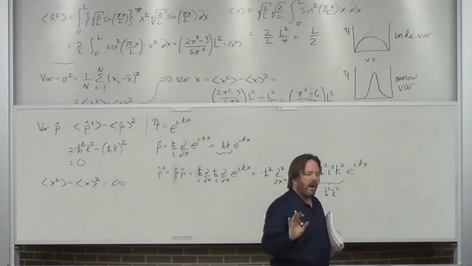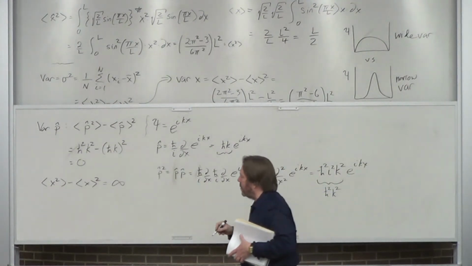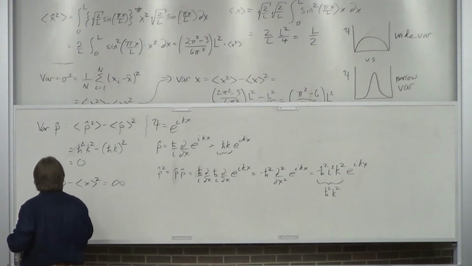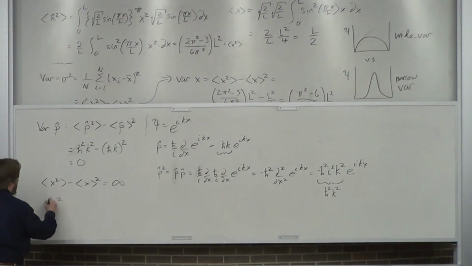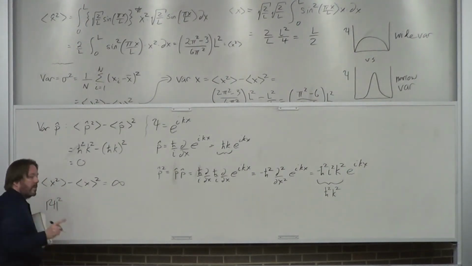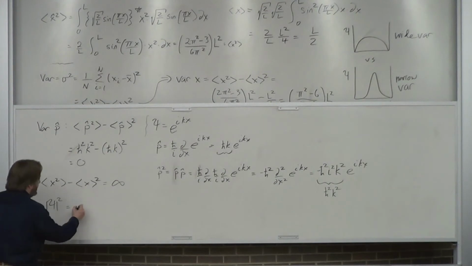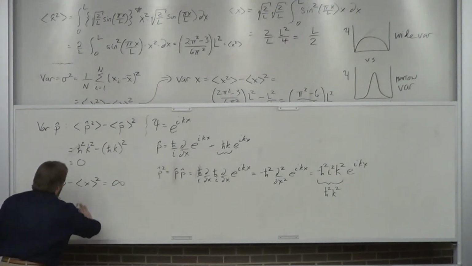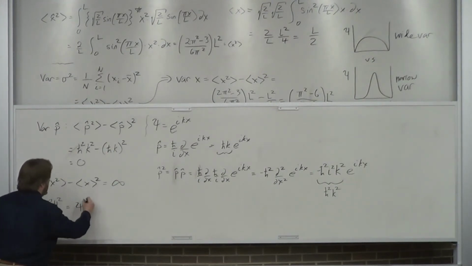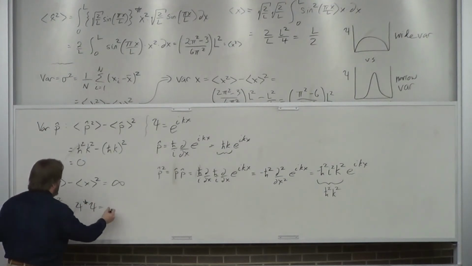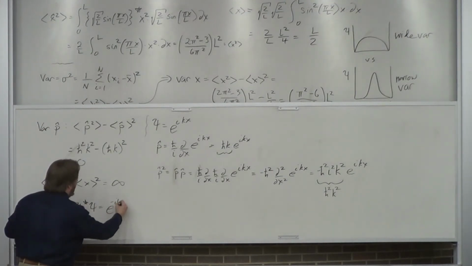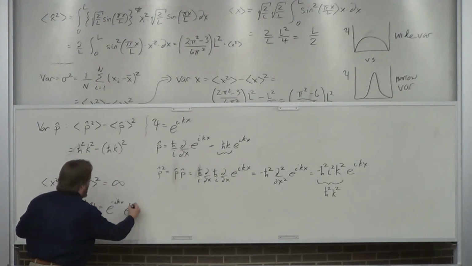And I'm not even going to bother to calculate it, because here's why. The absolute value of the wave function squared, which is the probability, is the wave function complex conjugate times the wave function, which is e to the minus ikx, e to the ikx.